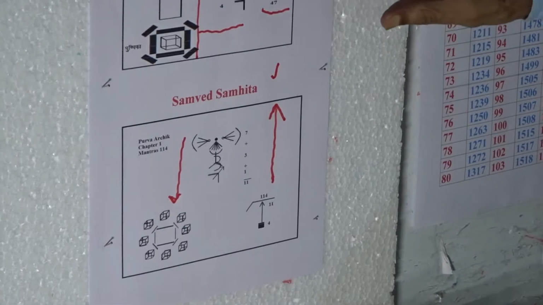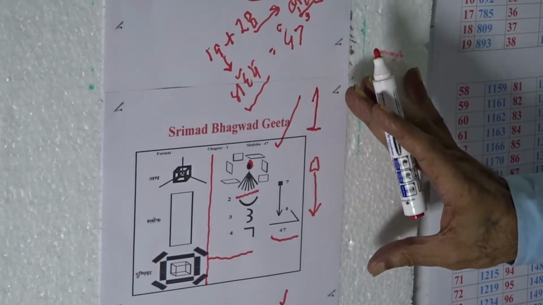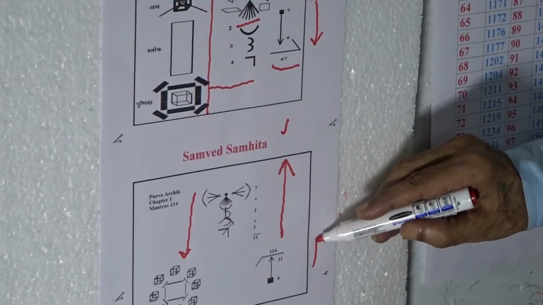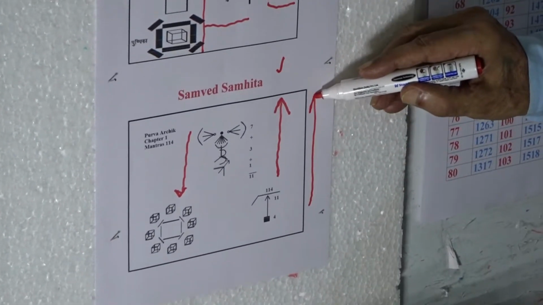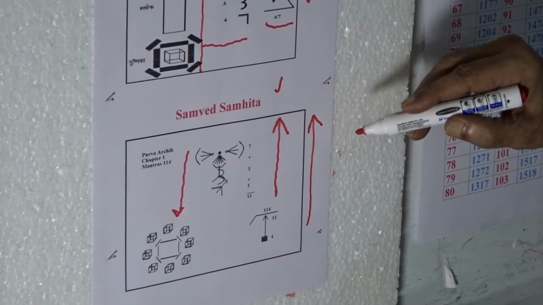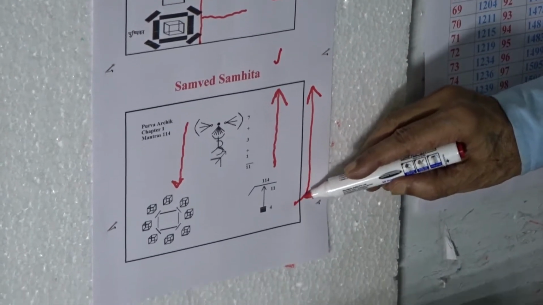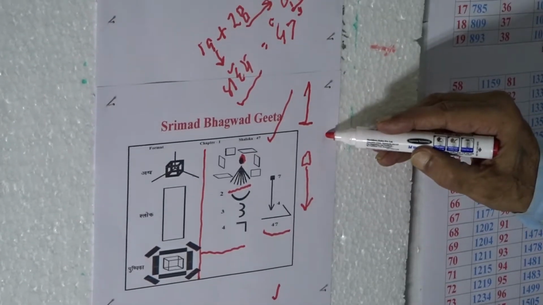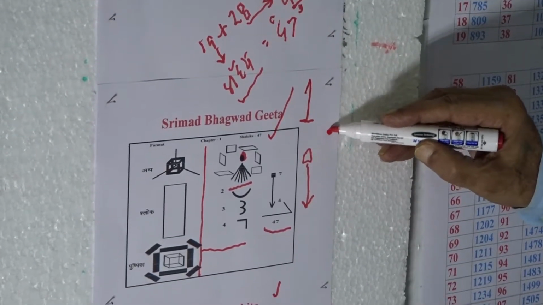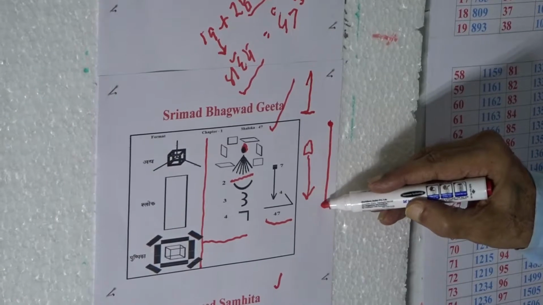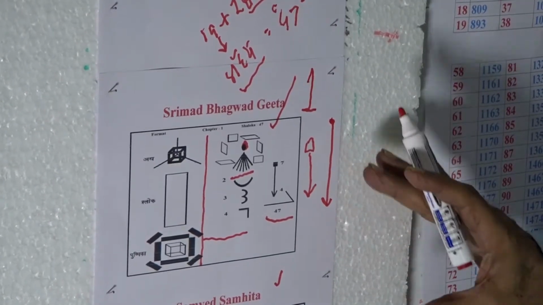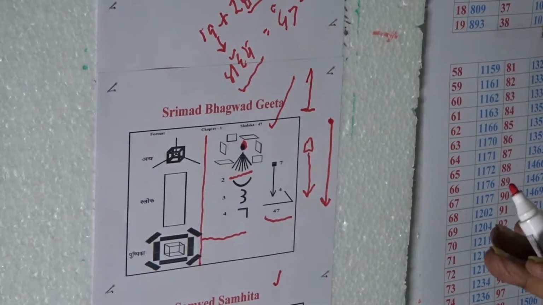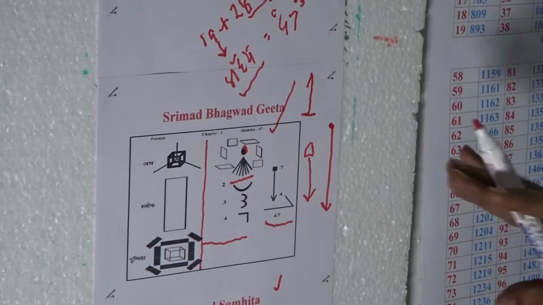Therefore, we can have a Samved Samhita flow chart by having a transcendence from the middle of the creator space, which is the seat of the transcendental Lord, and for Srimad Bhagavad Gita we can have a flow from the middle and we can reach up to the creators of space. We will be coming to it with this format of the processing steps of the Vedic systems.